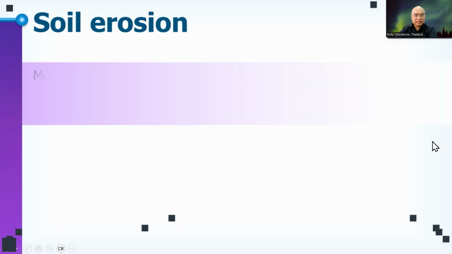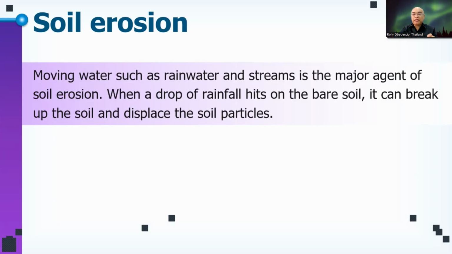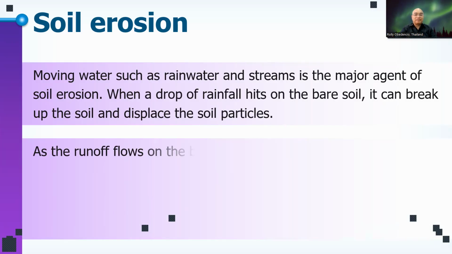What causes it? Now, moving water, such as rainwater and streams, is the major agent of soil erosion. When a drop of rainfall hits on the bare soil, it can break up the soil and displace the soil particles.